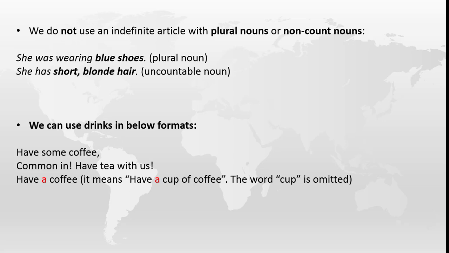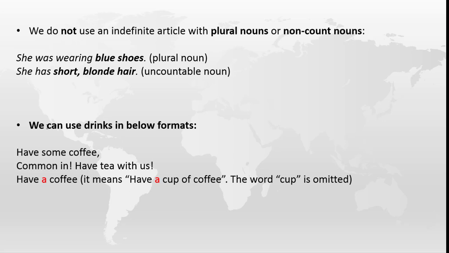The next one is she has short blonde hair. Hair is uncountable. We can see a strand of hair, but when we are referring to the person's hair, it's uncountable, so we can't say a hair or a short blonde hair. So be careful not to use an indefinite article before uncountable nouns or plural nouns.